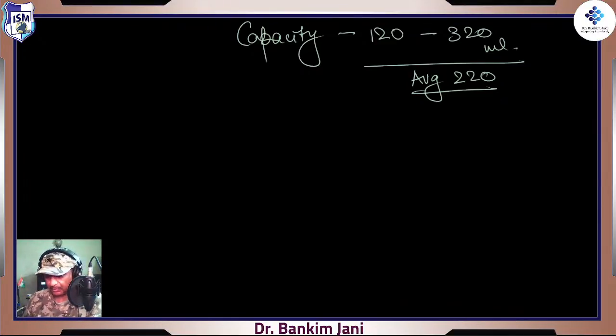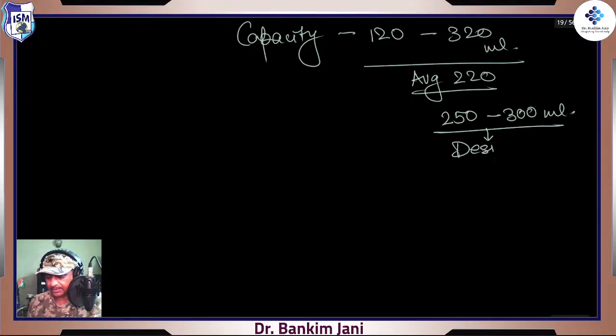Okay, so this average is about 220, but when it comes to about 250 to 300 ml, that's where the desire to micturate starts. Because till that point, when the urine gets collected, because urine is forming constantly, those detrusor muscles relax.